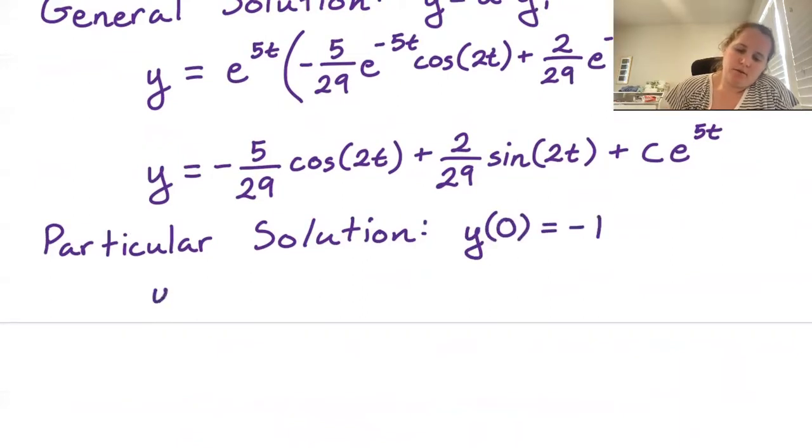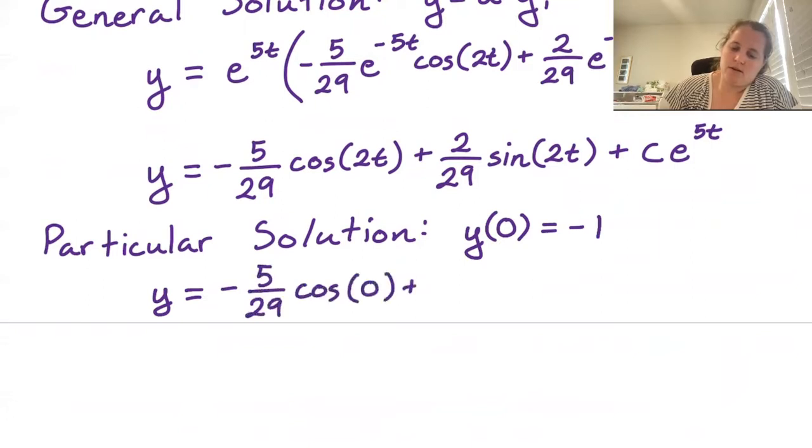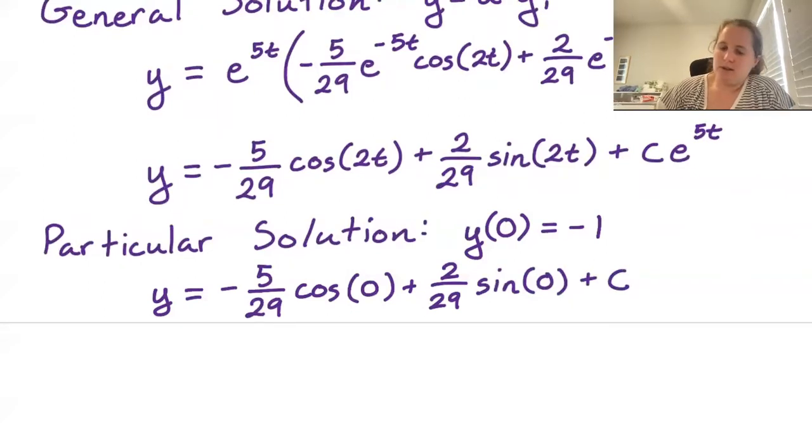So we have y is equal to negative 5/29 times cosine of 0 plus 2/29 times sine of 0 plus c times e to the 0 is equal to negative 1.